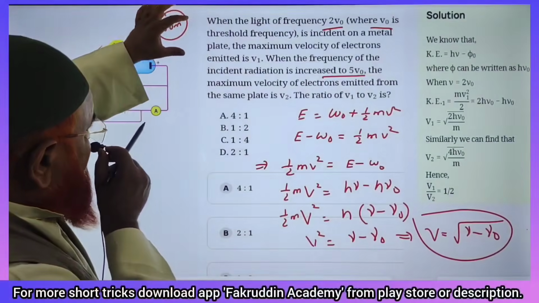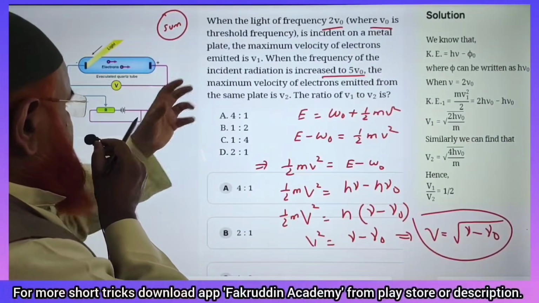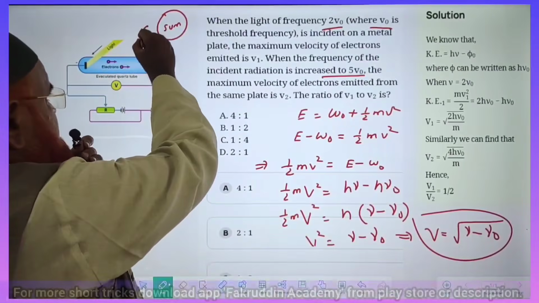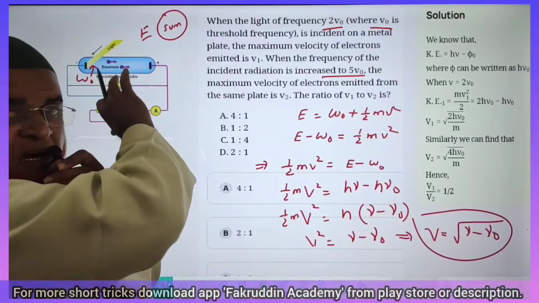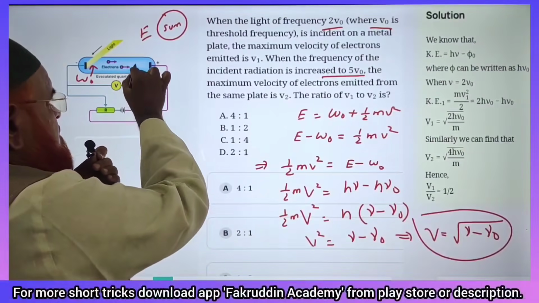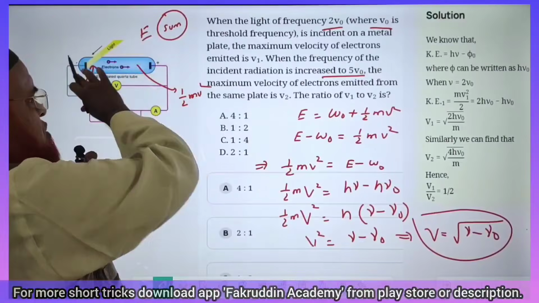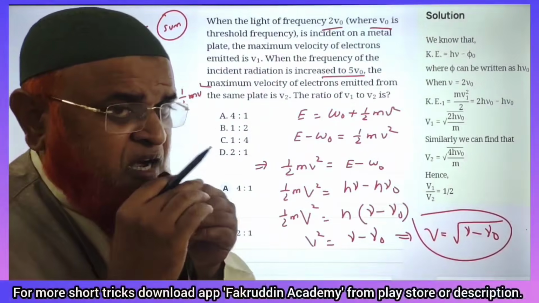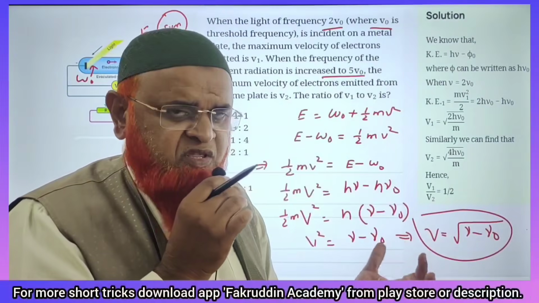When the light coming from the sun falls on the metal plate, electrons will come out with high velocities. This is the energy coming from the sun, and this is the work done to remove the electrons from the metal plate, and the electrons will ooze out with high kinetic energies. E is equal to W naught plus half mv square is the photoelectric effect. You are very familiar with this equation.